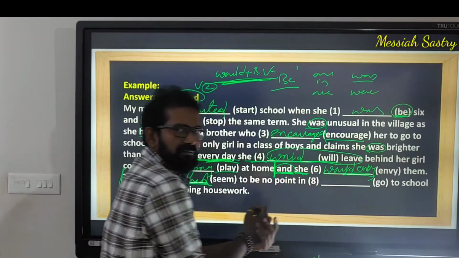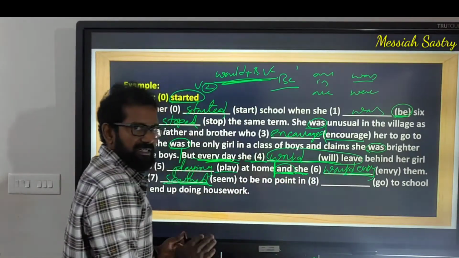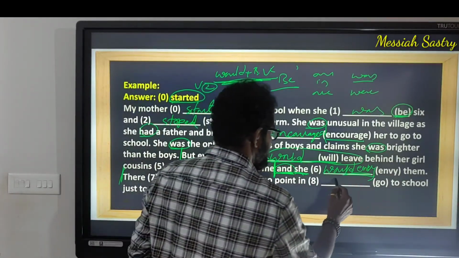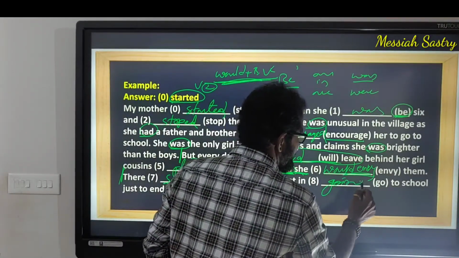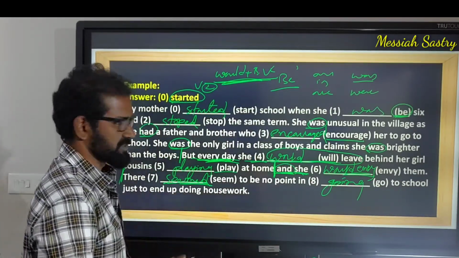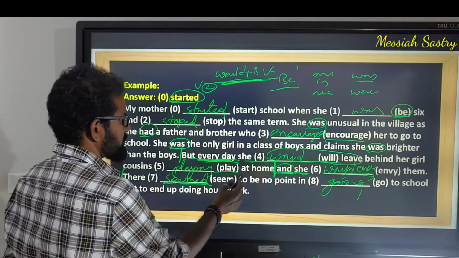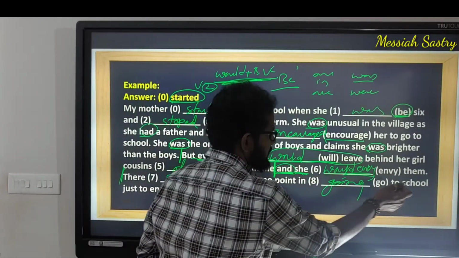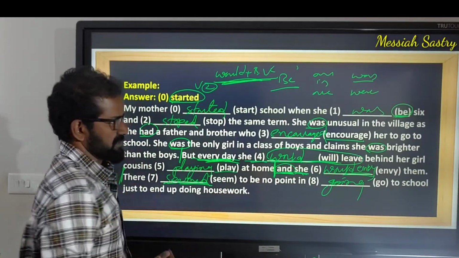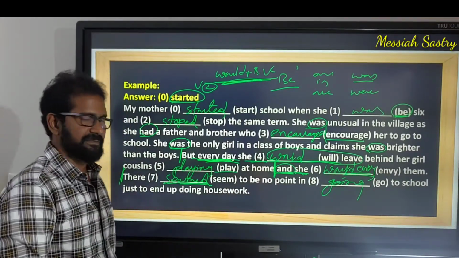We can't use a second main verb in a simple sentence or in a main clause. So this is supposed to be a participle again: going to school just to end up doing housework. So there seemed to be no point in going to school just to end up doing housework. So this is the answer for the first question.